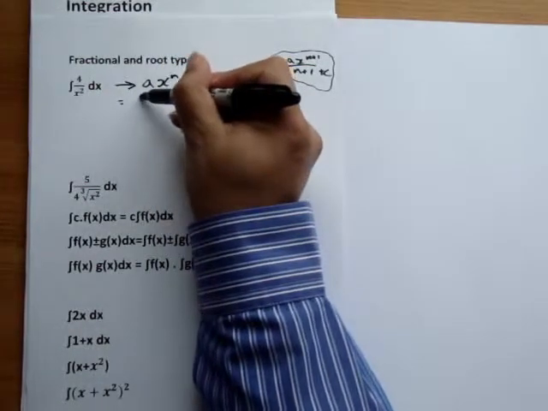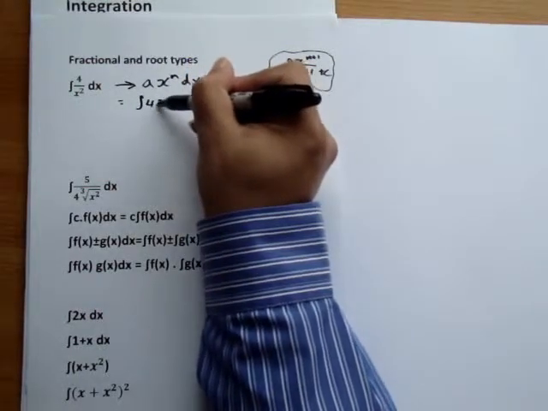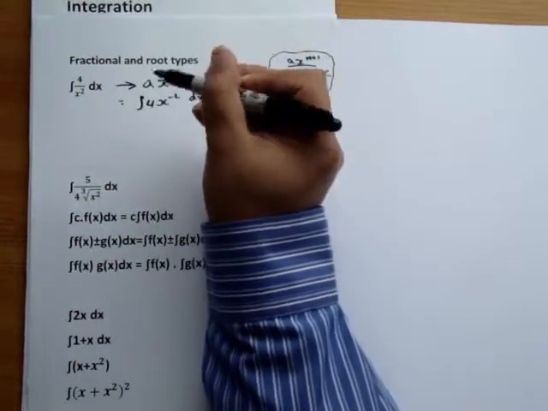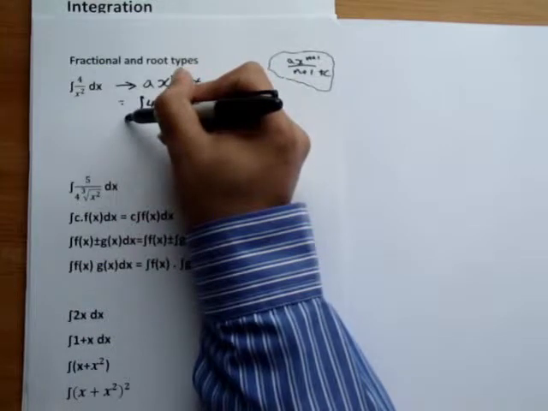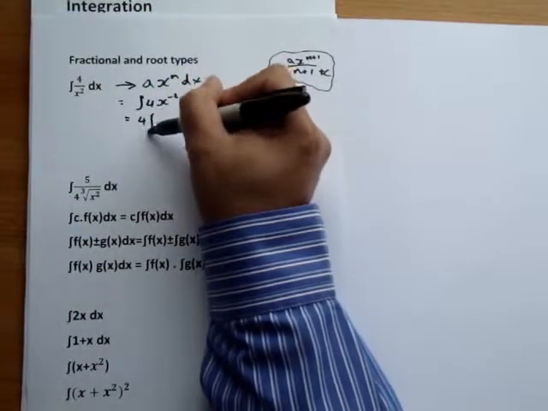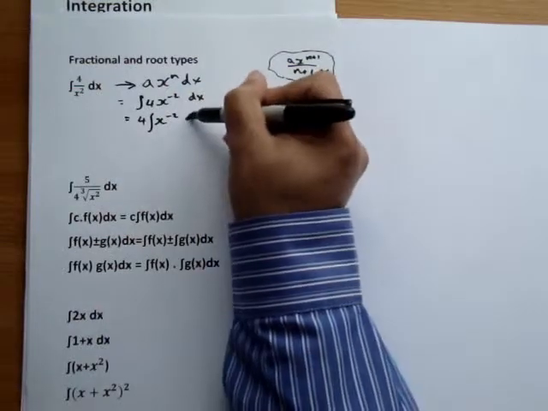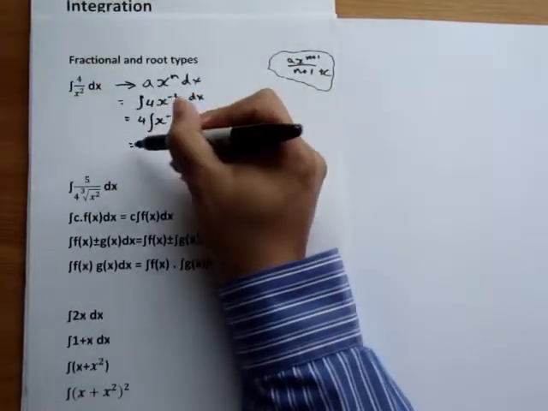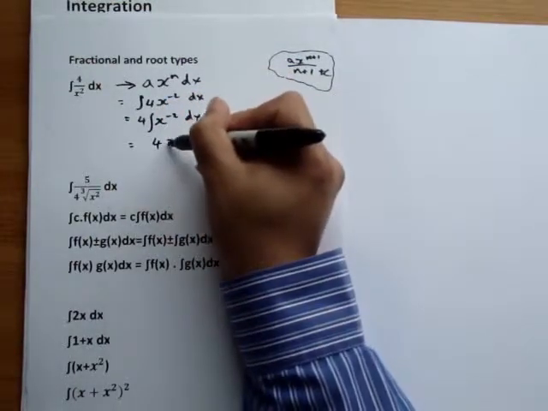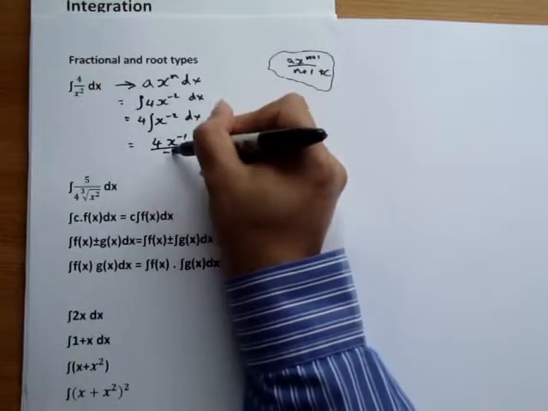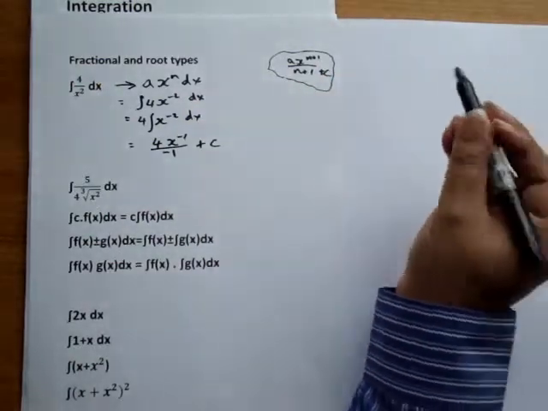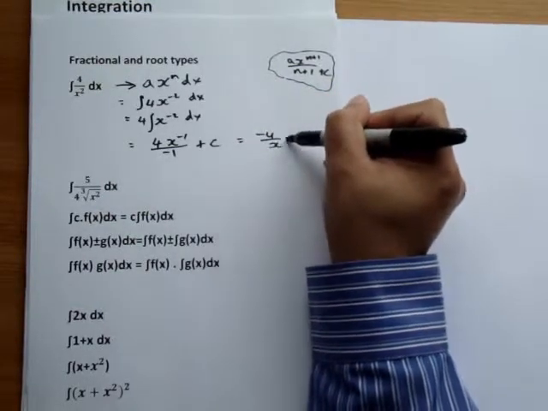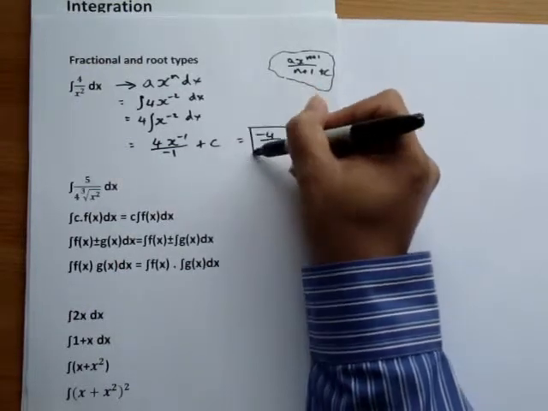This equals the integral of 4x to the minus 2 dx. When we apply our rule, we get 4x to the minus 1 over minus 1, plus c. Rearranging that, it's minus 4 over x plus c.